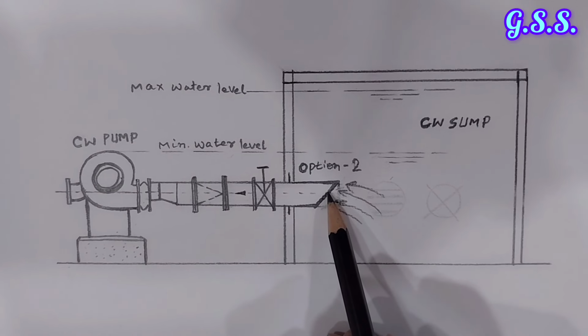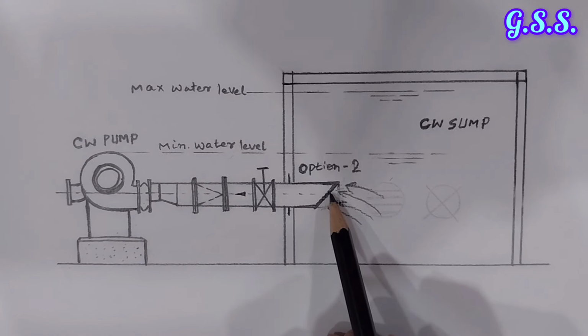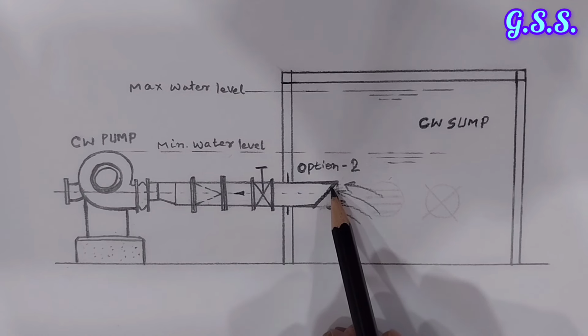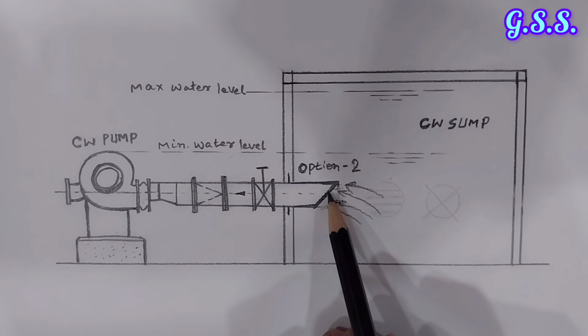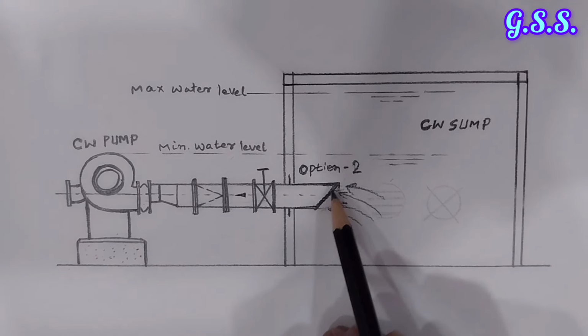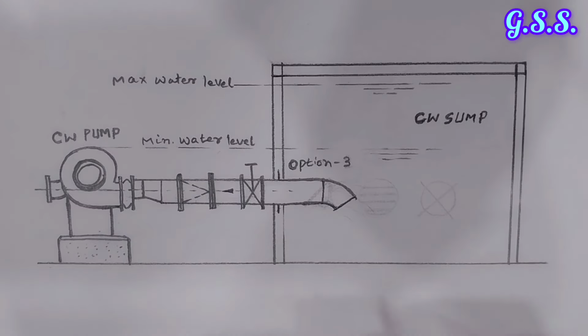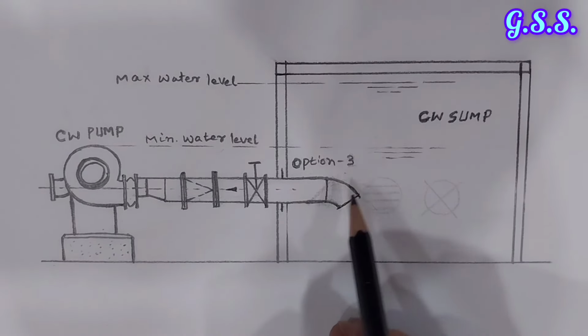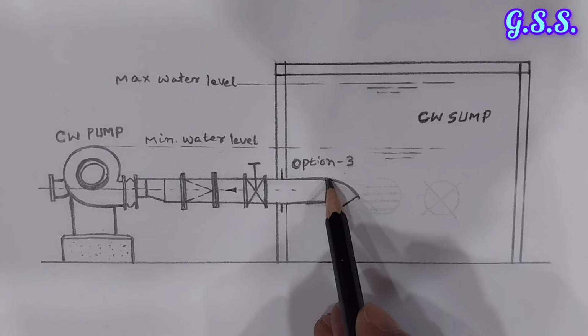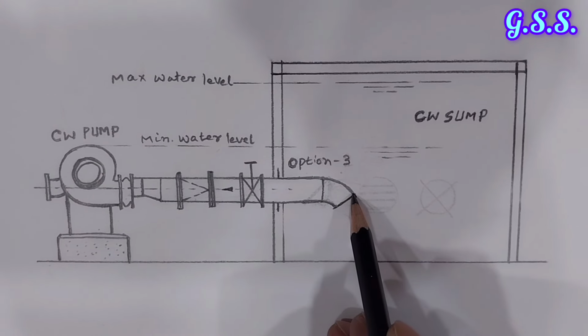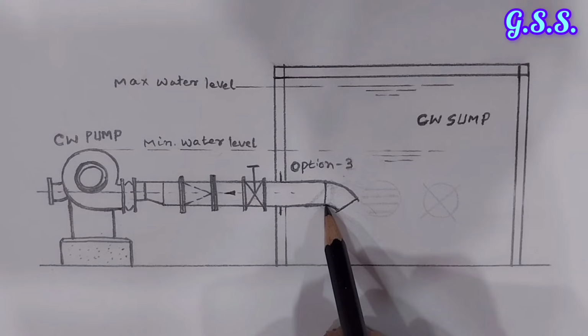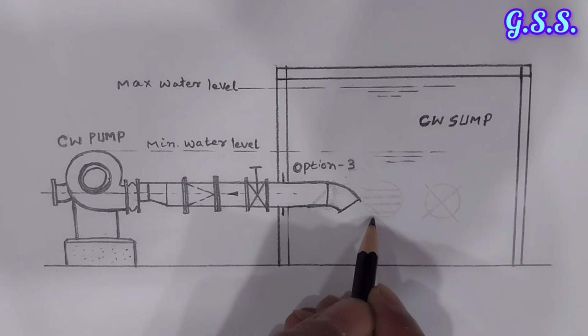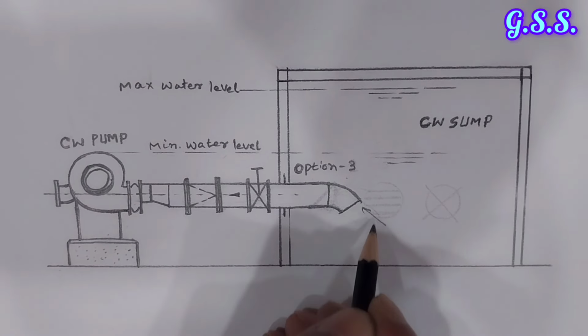But still, if we see vortex is getting formed, then we can provide the same manner of vortex breaker in this phase. Now, in case of option 3 puddle, this straight puddle is provided with one 45 degree downward bend like this. In this case, flow will be like this.